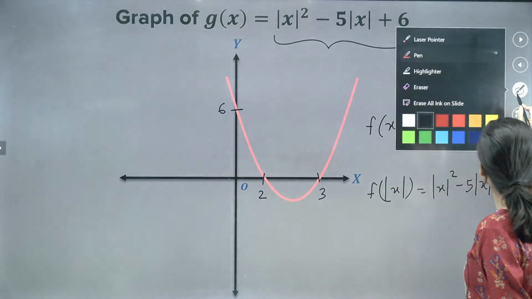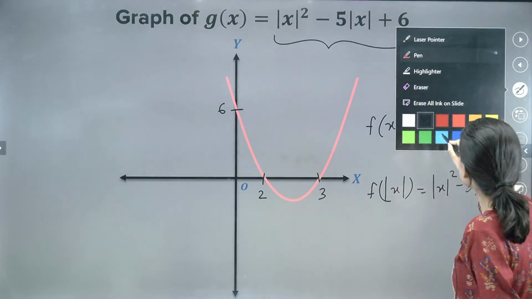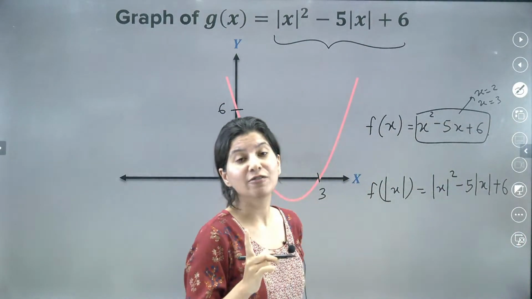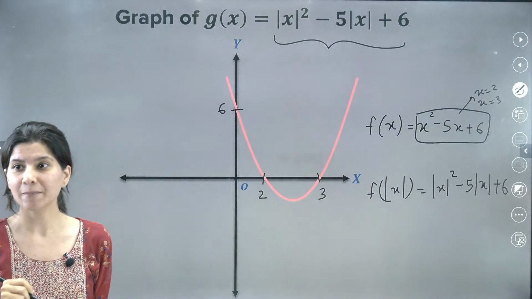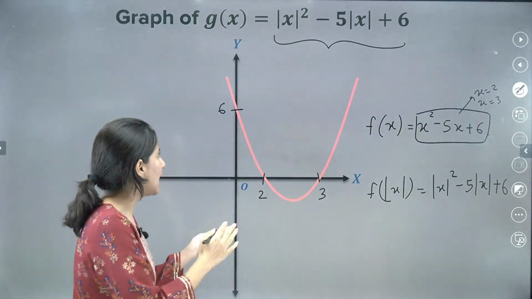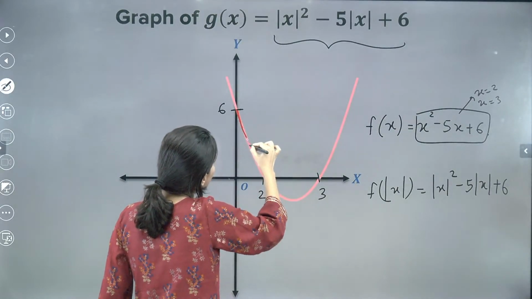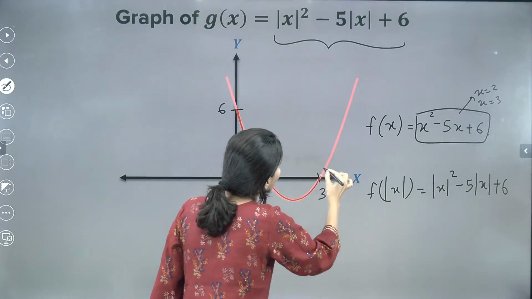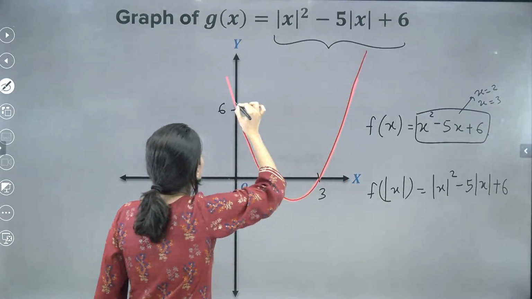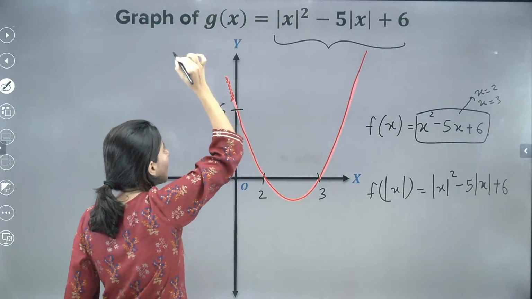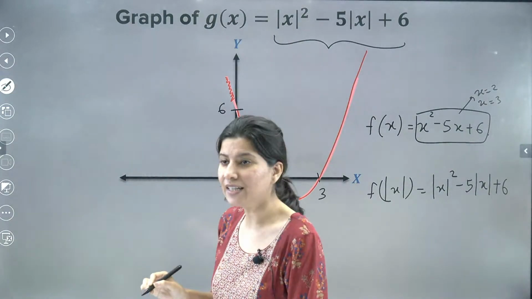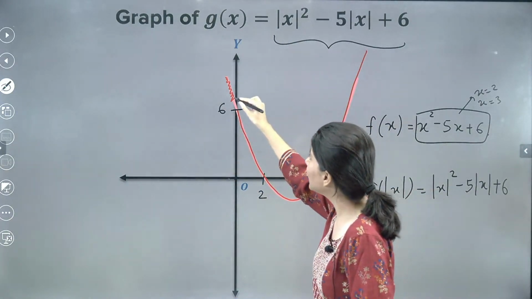Now what we need to do is f of mod x. What are the steps for f of mod x? The right hand side you have to just retain. This graph you are seeing is absolutely fine, and you just have to delete the left hand side of the graph. Now you have deleted this portion.